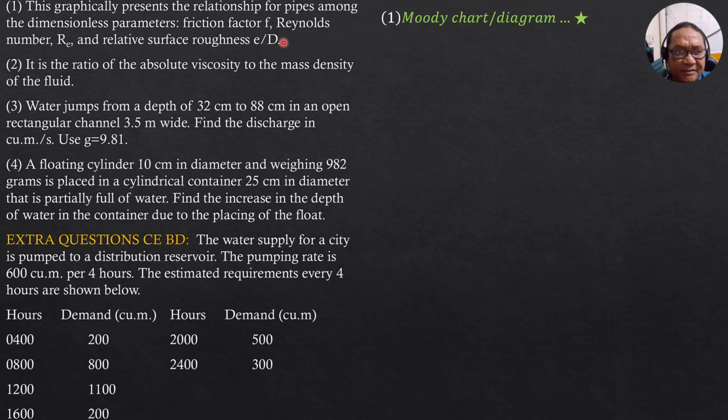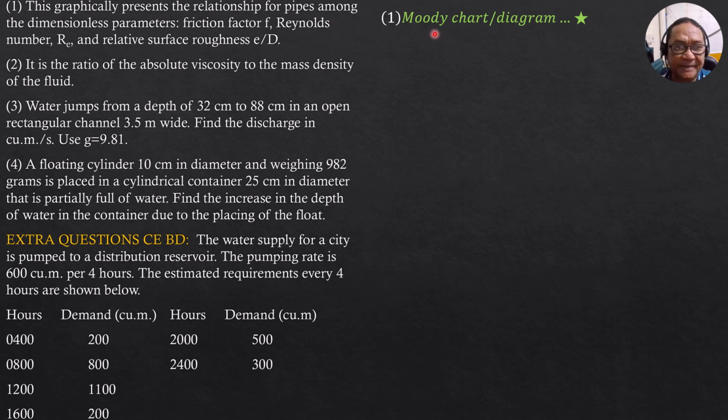You can use this chart in estimating friction factor when the roughness coefficient is known as well as the diameter. But also, this Moody chart is the same as using the Colebrook equation, which is 1 over square root of f equals negative 2 log of quantity E over 3.7 diameter plus 2.51 over quantity Reynolds number square root of f in estimating friction factor.